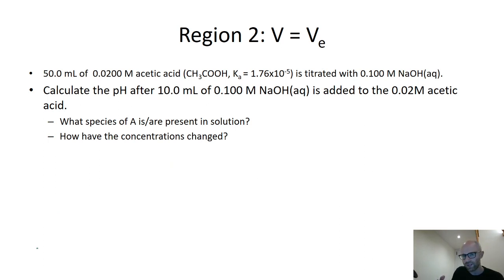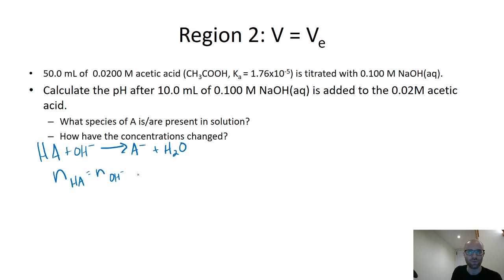So once you reach the equivalence volume, this doesn't have a special way of looking at it. You just need to think about the problem. We have our chemical reaction. The extra consideration here is that the moles of HA equals the moles of hydroxide.